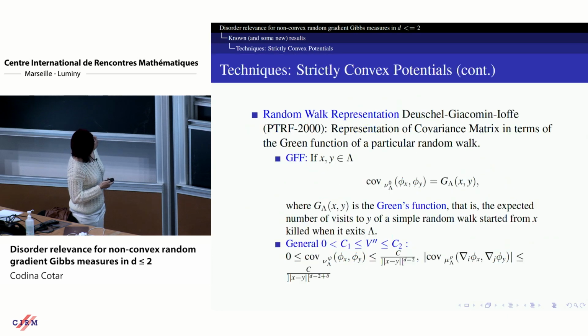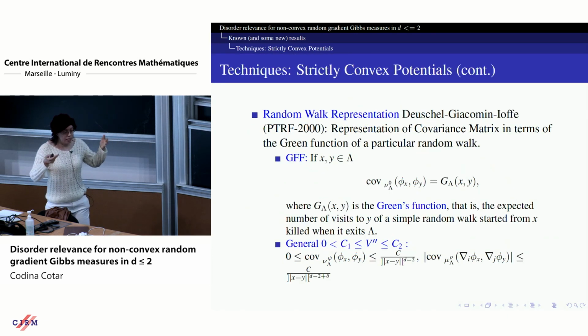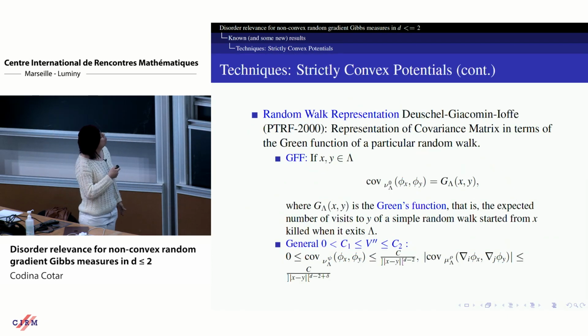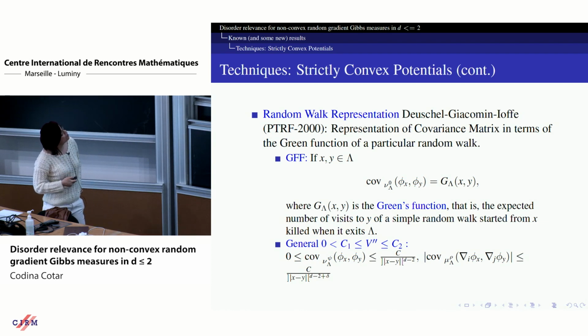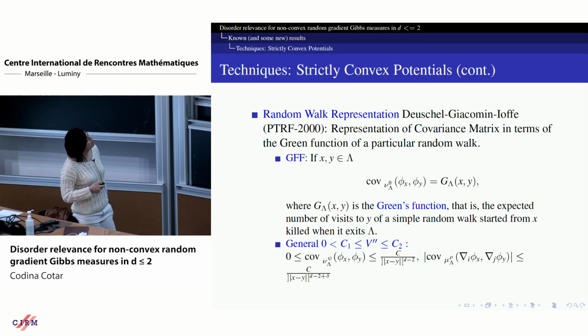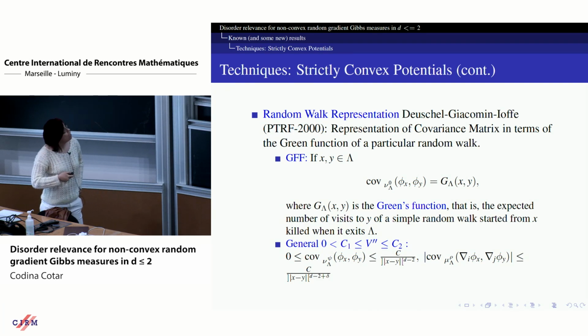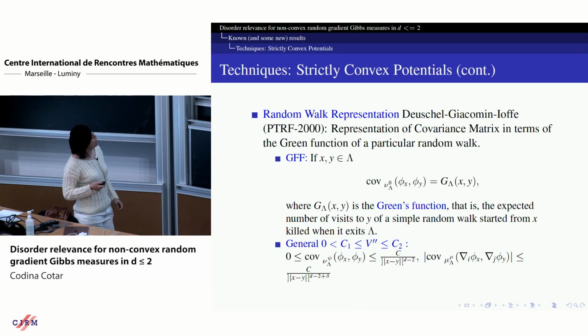Okay, so for covariances, we have the random walk representation, or the Helffer-Sjöstrand representation. And this was introduced by Deuschel, Giacomin, and Ioffe in 2000. Basically, they look at the covariance matrix in terms of the Green's function of a particular random walk.